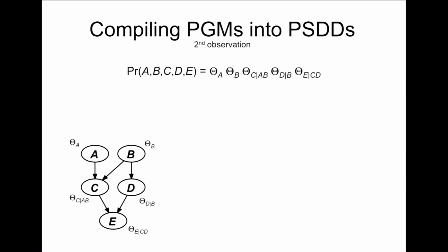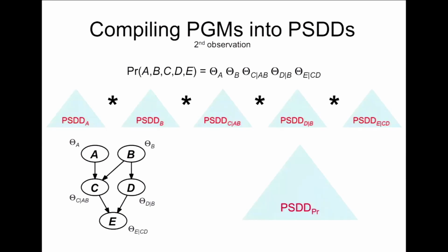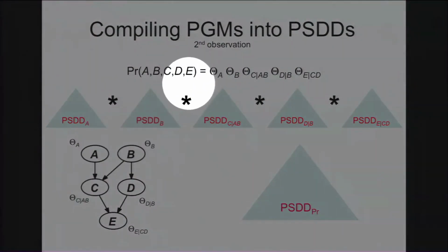But a game that people have been playing for a long time was that instead of representing these factors tabularly, I represent them using more compact notation. So I will use a PSDD to represent this factor, a PSDD to represent that factor, and so on. And then what do I do? I multiply these guys to get one big PSDD for the whole thing.